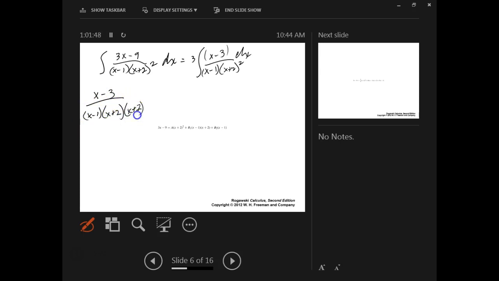Is that what you meant? Okay, that's perfectly legal to do. And that's equal to what? Okay, a1 over x minus 1. Is that what you were going to do? Yeah. Okay. X plus 2? Okay.